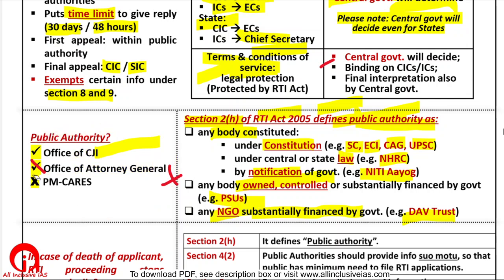PM CARES is not a public authority. You can't file an RTI for PM CARES. Although last year in PT 365 I had explained how PM CARES meets these criteria clearly, absolutely clearly, but anyway the official position is no, RTI is not applicable. Similarly for the Attorney General, no, RTI not applicable. For the CJI, yes.